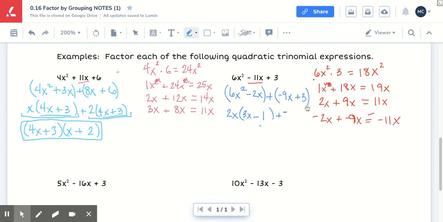So between negative 9x and 3, the common factor would be a 3. And again, I'm taking out the negative because the first term is negative as well. So negative 9x divided by negative 3 would be 3x. And then 3 divided by a negative 3 would be a negative 1.